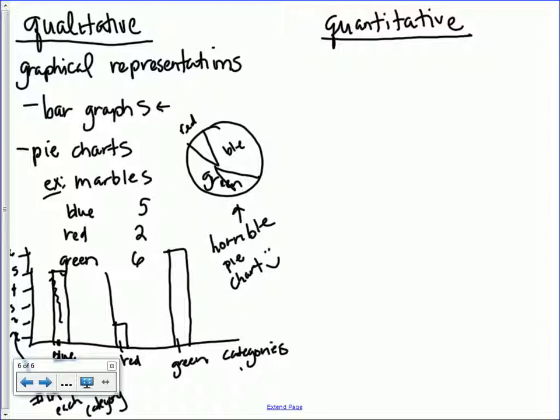Well, quantitative, they have many more kinds of graphical representations. Some require more computational means, and some don't.